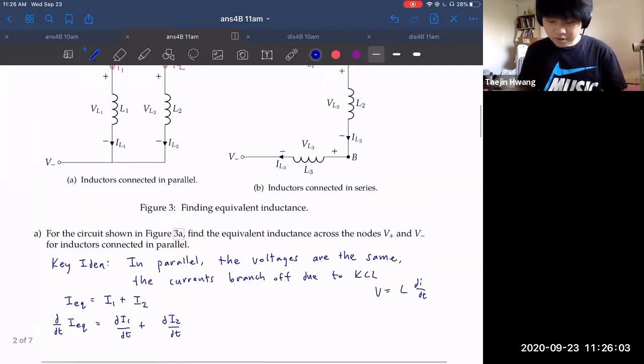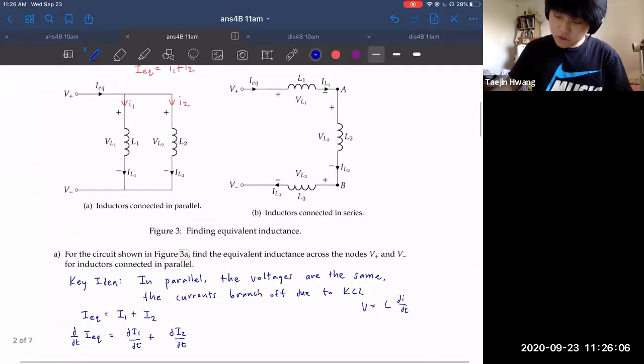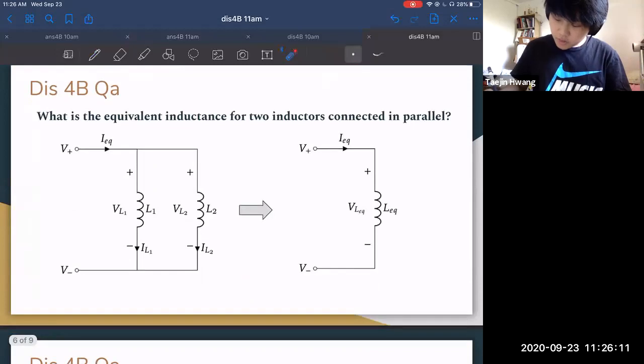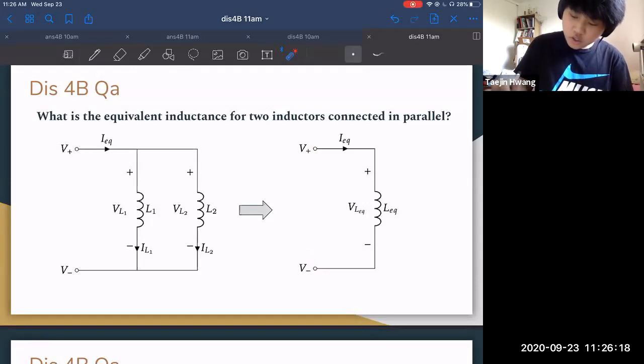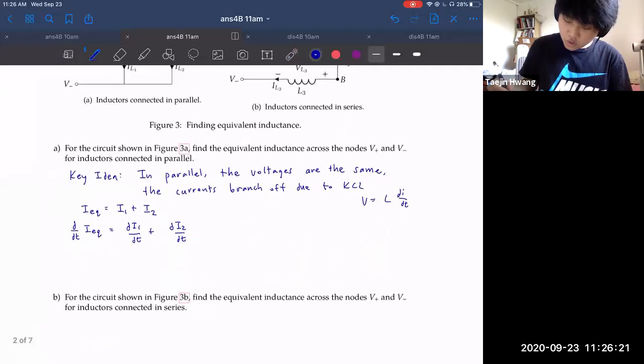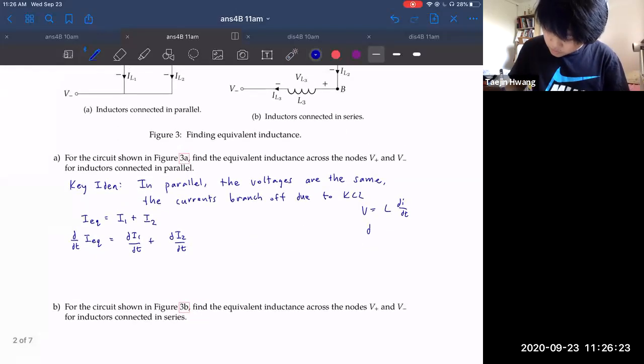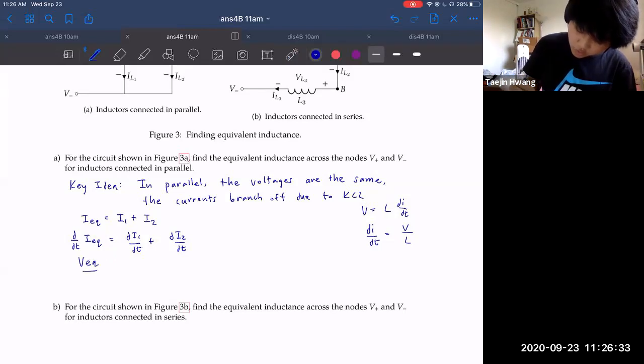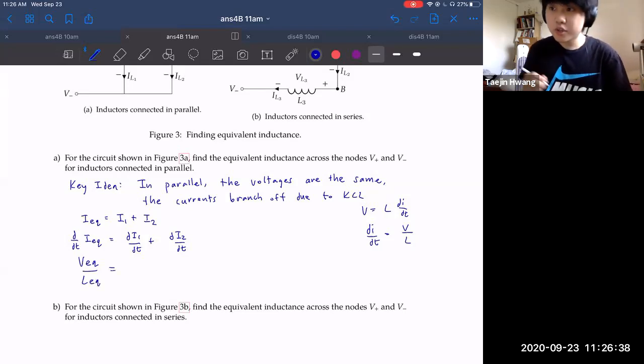Remember our original goal: to create an equivalent circuit with a single inductor and a single voltage difference, V plus and V minus. From here, we can substitute di/dt as V over L. In other words, di equivalent/dt is equal to V equivalent over L equivalent, where L equivalent is our unknown.